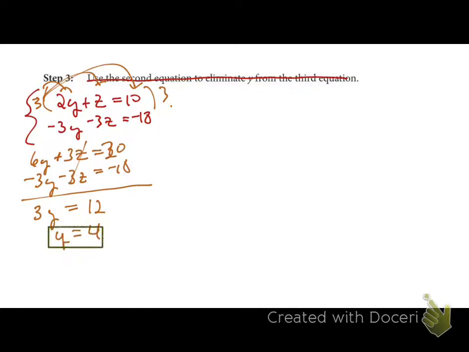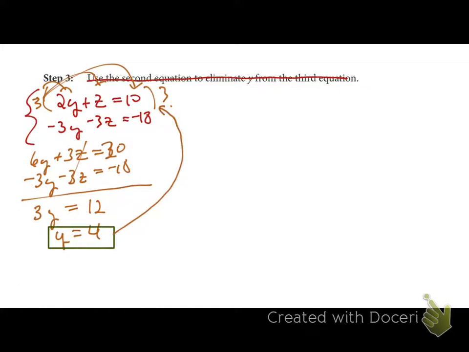Okay. Now, just like we did with the substitution, we're going to start working ourselves backwards. Now I'm going to take this y value and sub it back into my original one here.